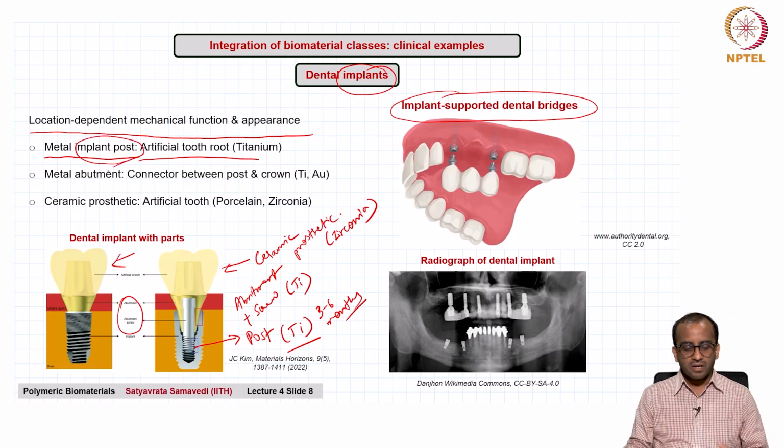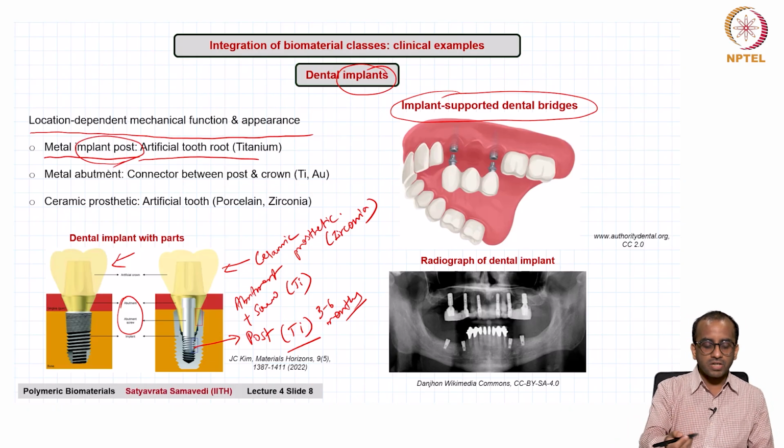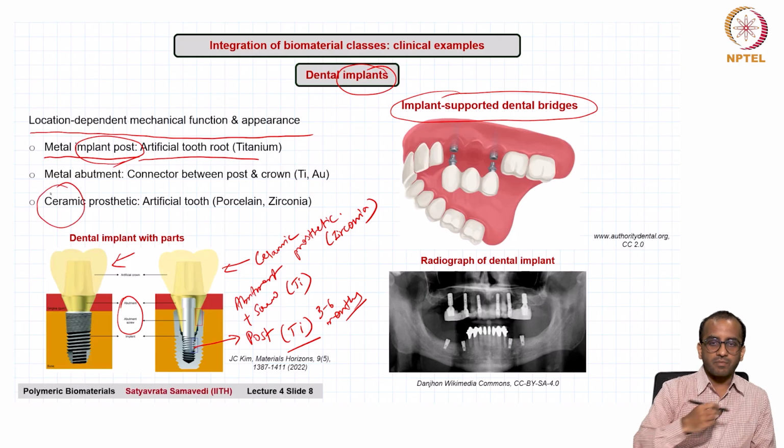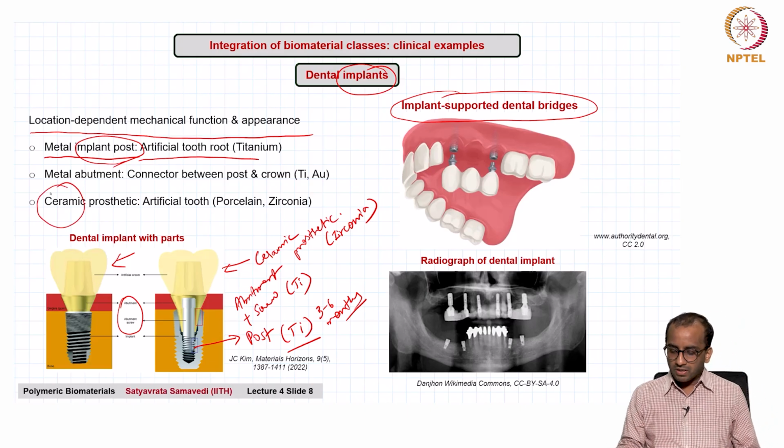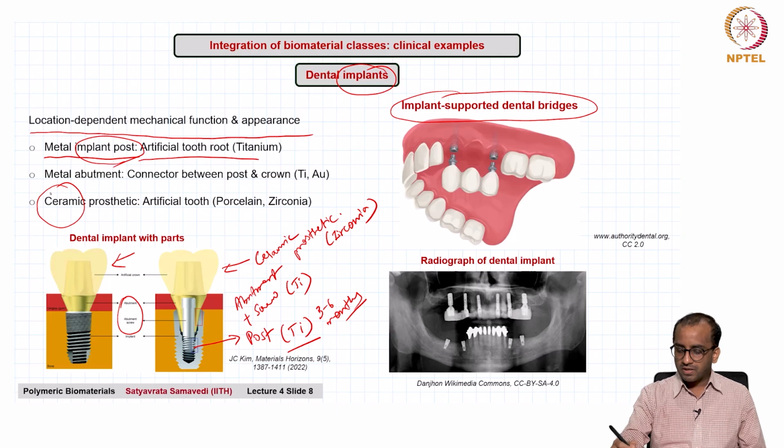Of course, the tooth itself, the artificial crown itself, is made of ceramic. So, shown here is a picture of that where you have 3 of them here, and then you have the titanium roots or the posts going in with the abutments in place.